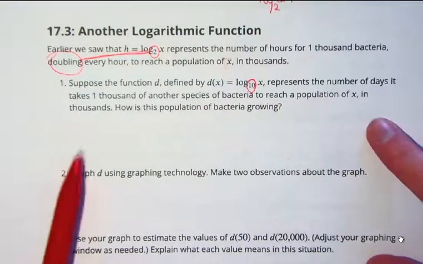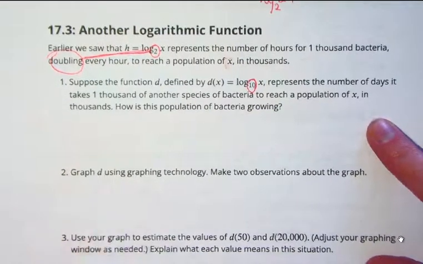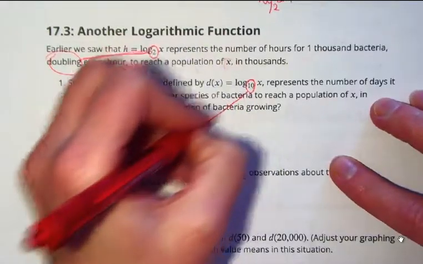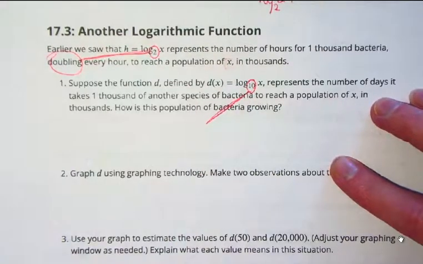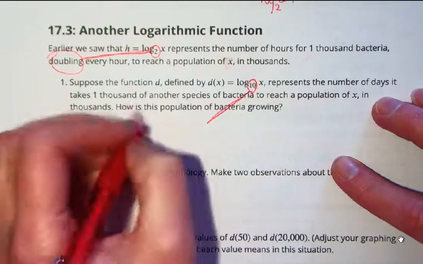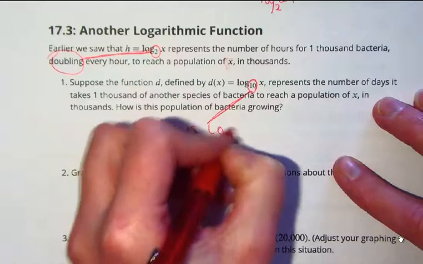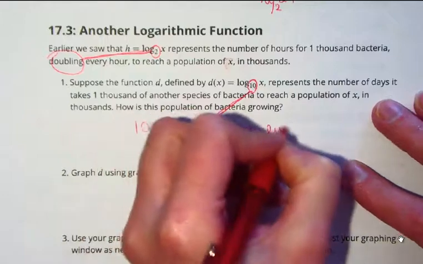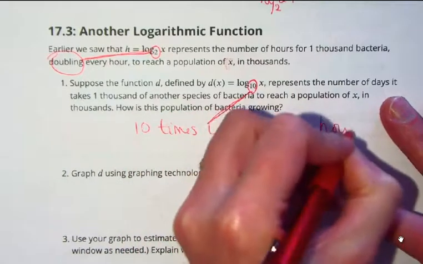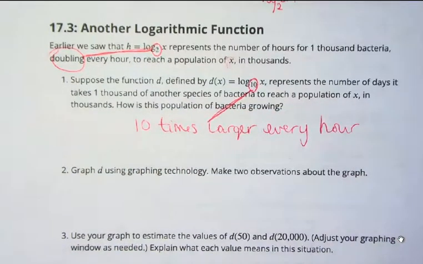So if we want to describe how this population of bacteria is growing, it looks like it's getting 10 times larger every hour. So this one with this base is growing much, much faster than just doubling. This one is getting 10 times larger every hour.